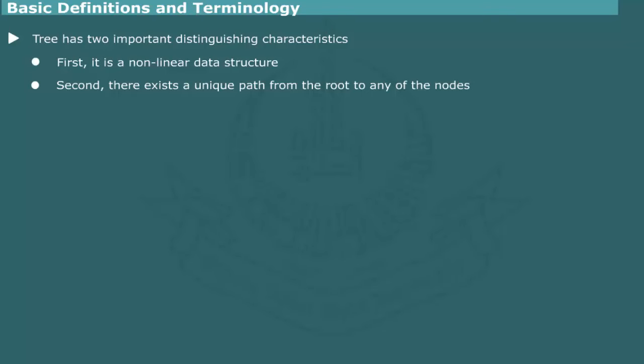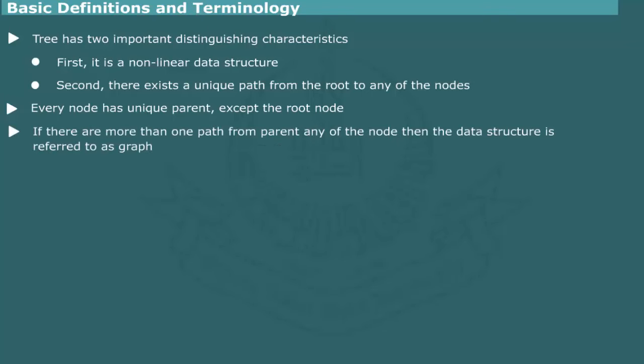This also implies that any node in the tree has a unique parent except the root node. If there is more than one path or more than one parent to a node, or there is no path, then the structure is not a valid tree data structure. It belongs to the data structure called graph.